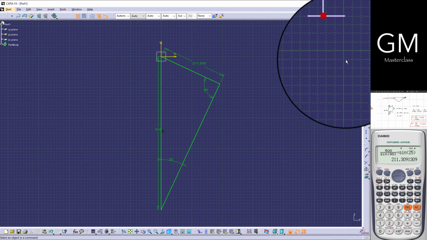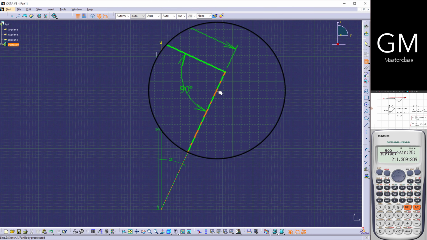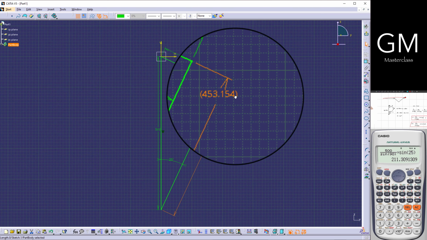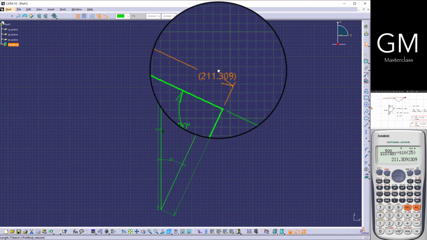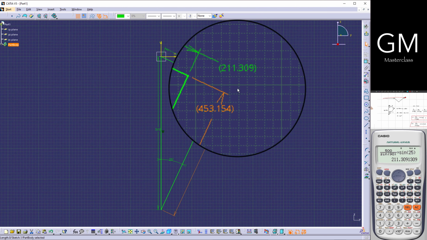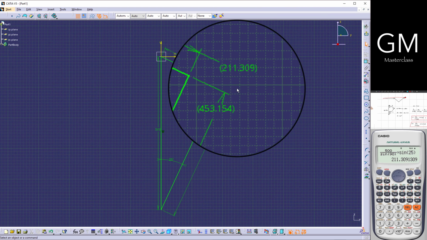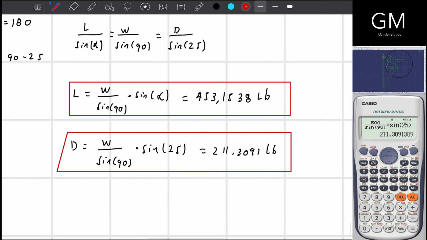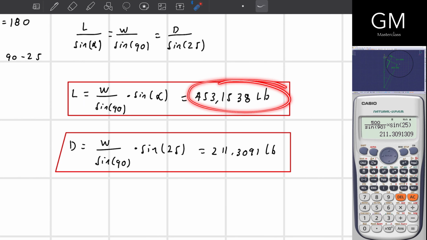Reference and reference. Right here, as you can see, I have the two measures that I got right here. So everything is correct. I can be sure of it.